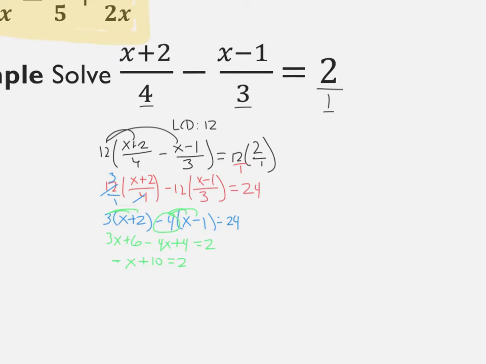No wonder. Forgot the 4 in the 24. That's silly. Okay, so let me erase here. Once we fix our problem, then I believe we'll be okay. We get negative x equals 14, or x equals negative 14, and that one does work.